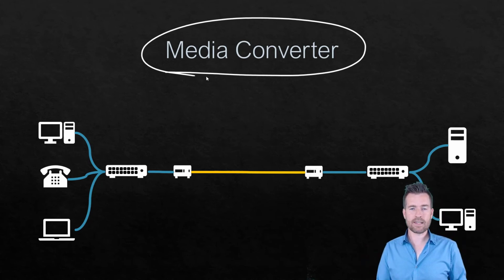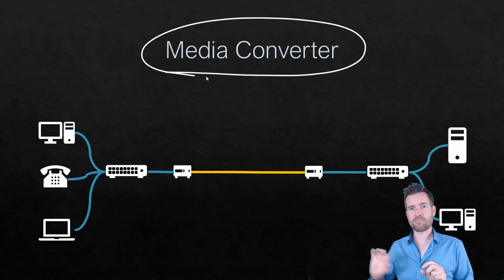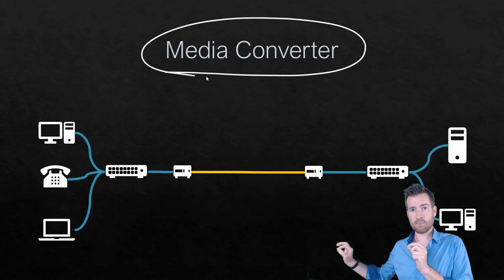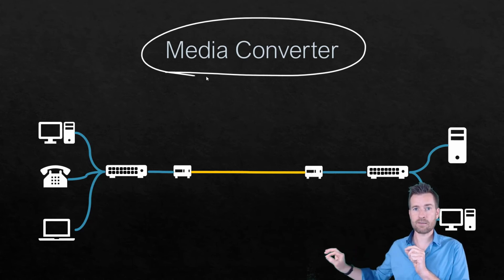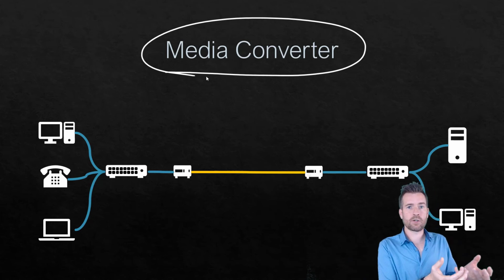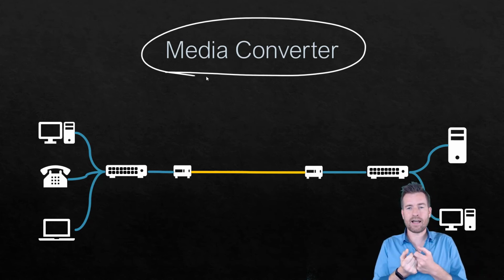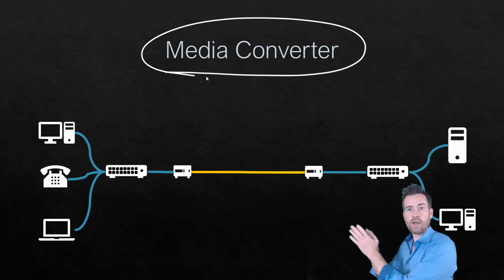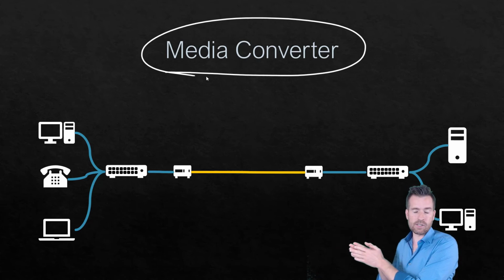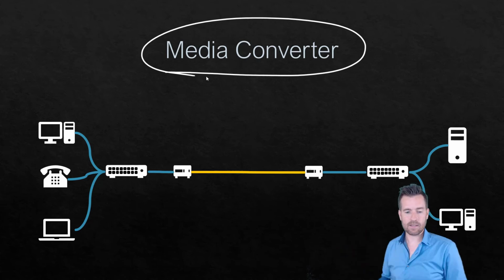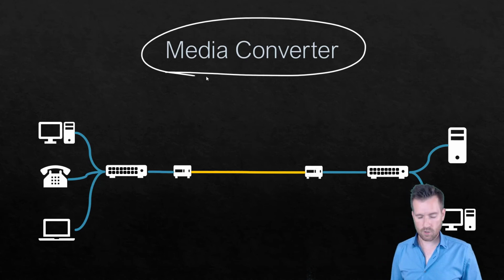So an example of this is, let's say there's copper lines coming in one side, but we have this big long run that a copper line is not going to be able to run that far. So we want to switch it to fiber instead. A media converter will take that signal from the copper line and convert it into a fiber line, and then on the other side it's got to be converted back so that way you can talk to the rest of your devices.